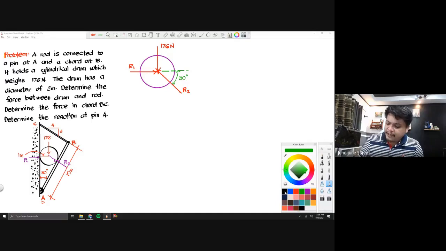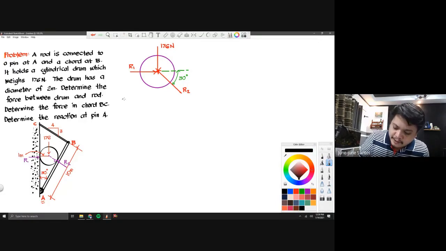So, with this, pwede akong mag-summation of forces. I will have it summation of forces vertical. Pinakamadali, summation of forces vertical equal to 0. So, lahat ng pataas, that would be our positive. So, I will have it the R2, and then that would be sine of 30 degrees minus 176.